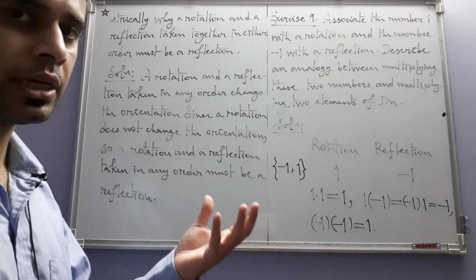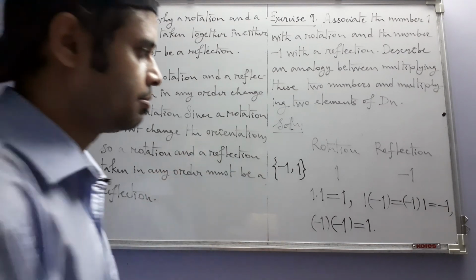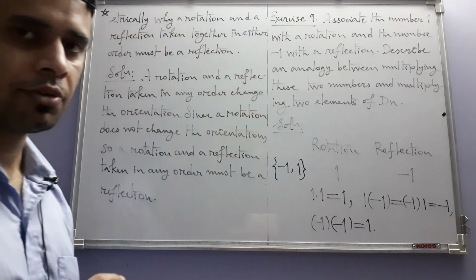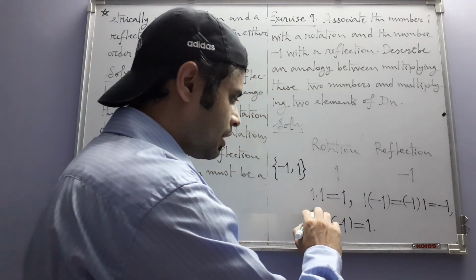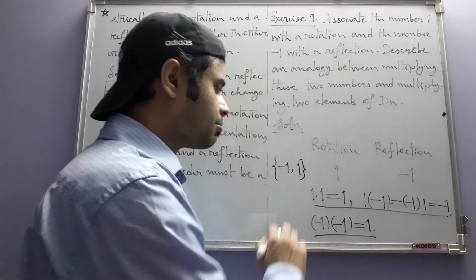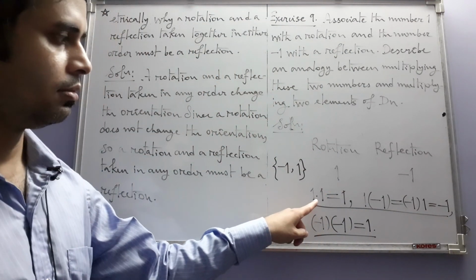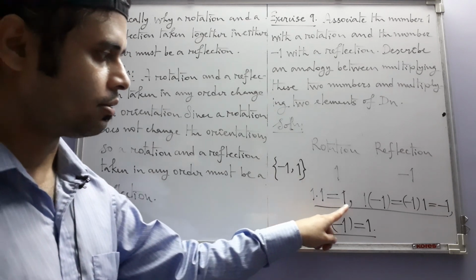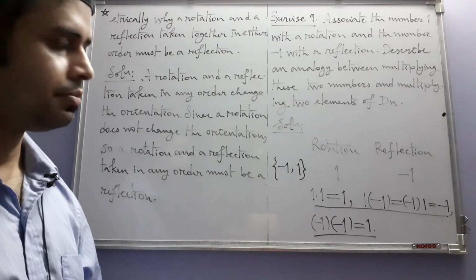At least know the type of the result, whether you will get a rotation or a reflection. That is nicely determined just with the help of these ordinary real numbers and ordinary multiplication.